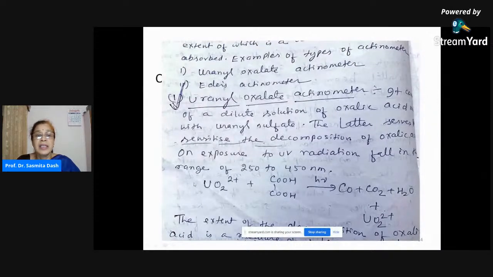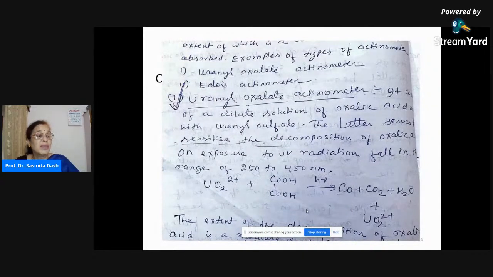The uranyl sulfate remains untouched, without any reaction. The extent of the decomposition of oxalic acid is a measure of the intensity of light absorbed.